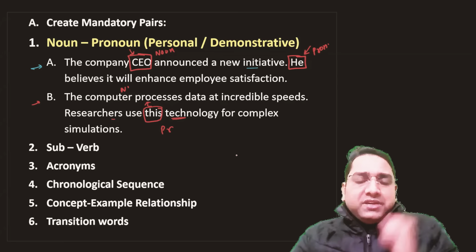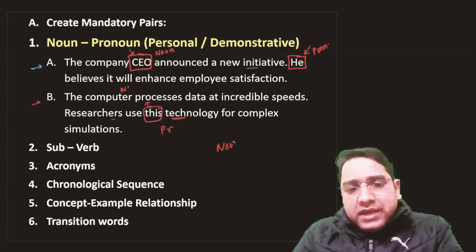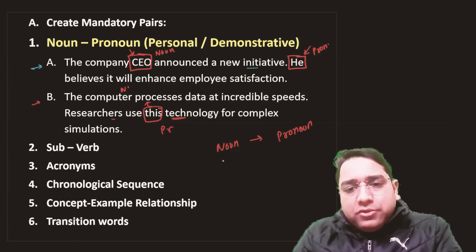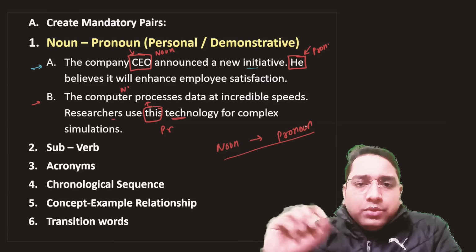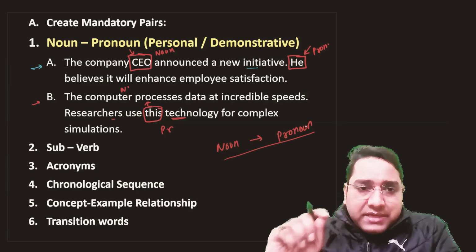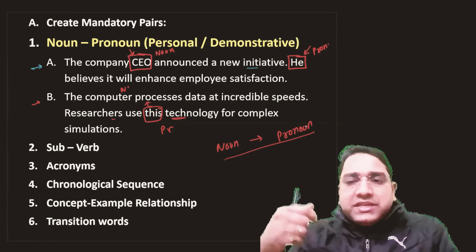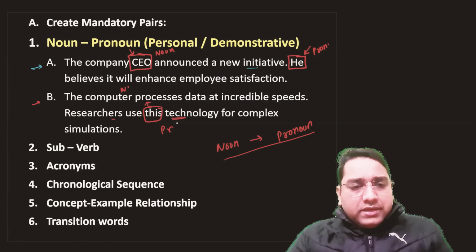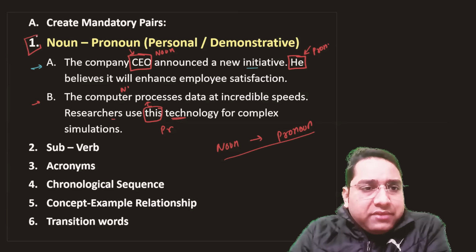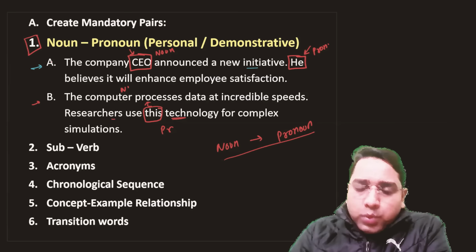So what we observe from this part is that first a noun will be given and then a pronoun will be given. You simply have to figure out whether any noun and pronoun are given there or not. If yes, then you will try to arrange them in a sequence. Got it? Please tell me if you guys are clear with this point number one.